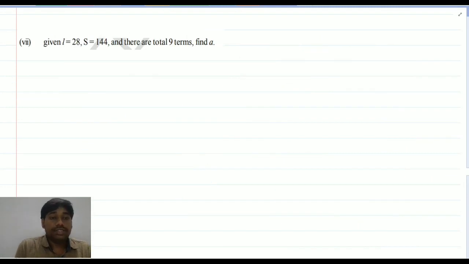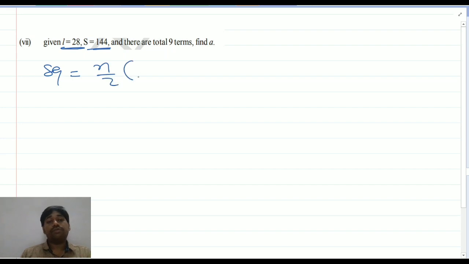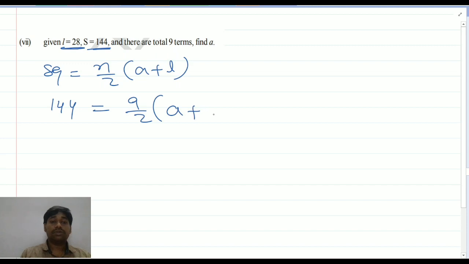So today, this is the last question. The last term L is given as 28, the sum of terms is given, and there are a total of 9 terms. a is how much? S9 is equal to n by 2 of a plus L. So 114 given is equal to 9 by 2 of a plus 28.